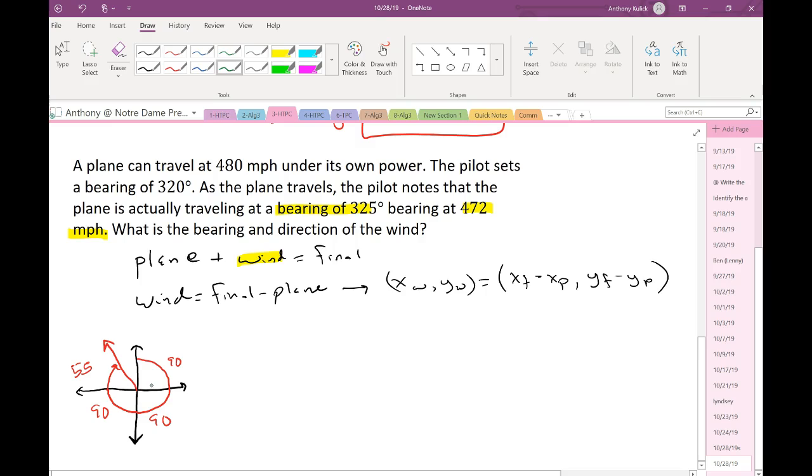I'm not interested in the bearing angle so much as the standard position angle, which is 90, and then the complement of 55 is 35. So I can say my theta final is going to be 125 degrees. So x final is going to be 472 cosine 125, and y final is going to equal 472 sine 125.